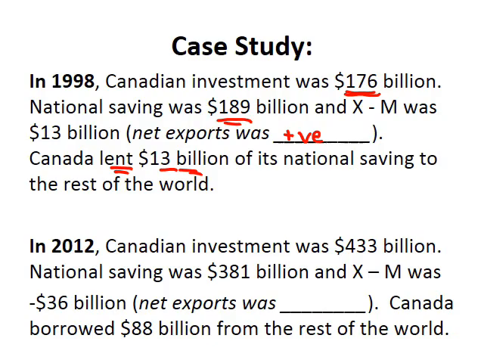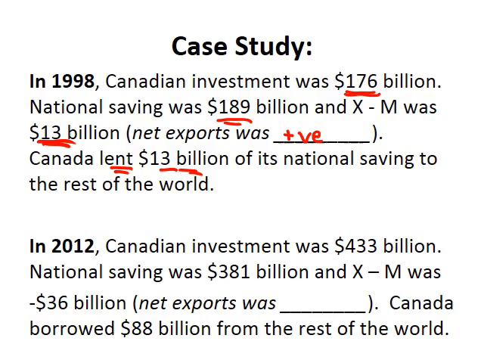So we know that Canada did not have to go out and borrow from the rest of the world to finance our investments. Furthermore, we were exporting more than importing, and if we're exporting more than importing to the tune of $13 billion, then the rest of the world has to borrow that $13 billion from Canada to pay for those additional exports, which in terms of them are their imports.